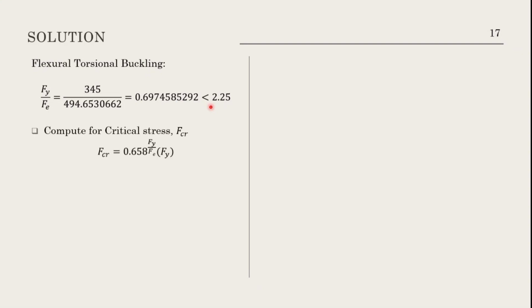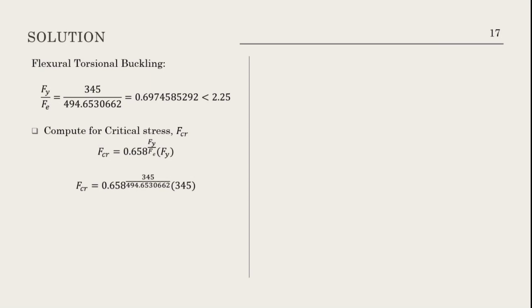Okay, so Fy over Fe is 345 divided by Fe, that is 494. So we have 0.697. So since it is less than 2.25, therefore the formula for Fcr to be used is 0.658 raised to Fy over Fe times Fy.